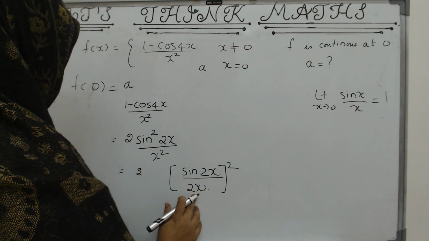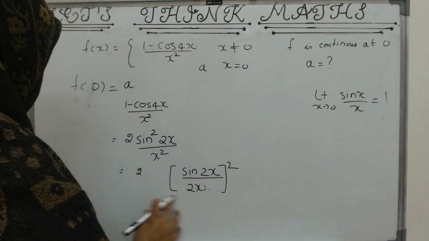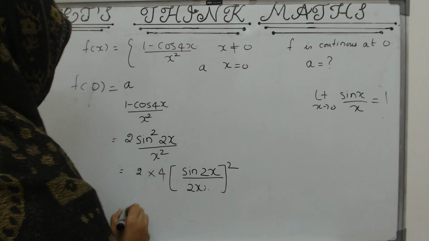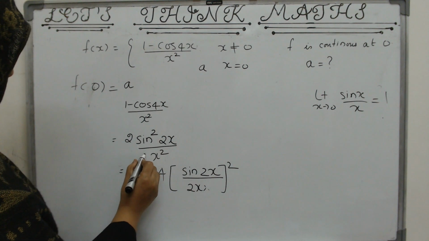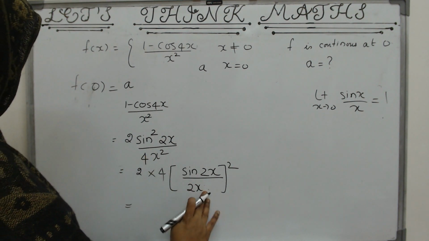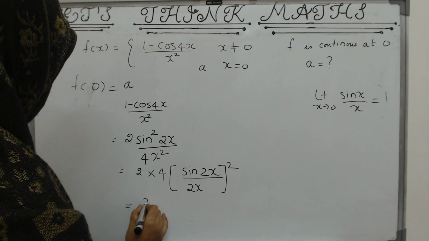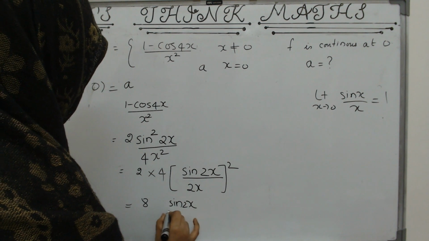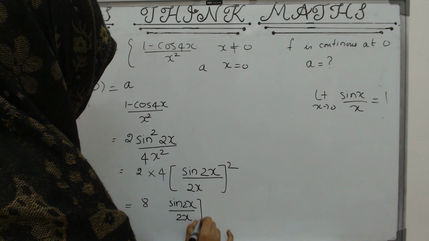But then we have 2 into 2, we need 4. We can't just multiply the denominator by 4, right? In the numerator also we have to put a 4. So here all we are doing is making it 4. So it is 2x the whole square. That is what you are getting. So you have 8 sine 2x by 2x the whole square.